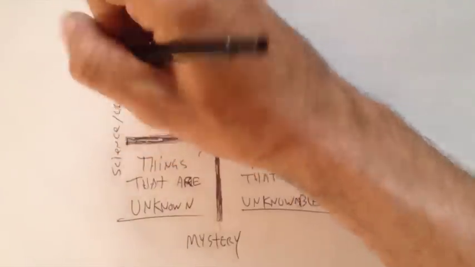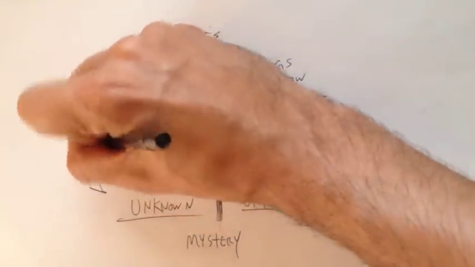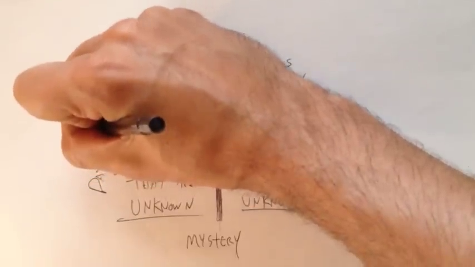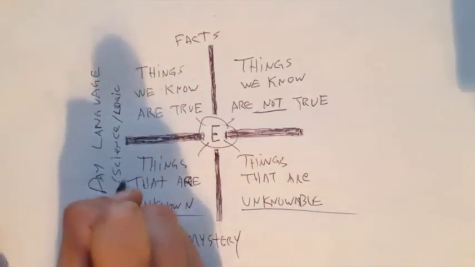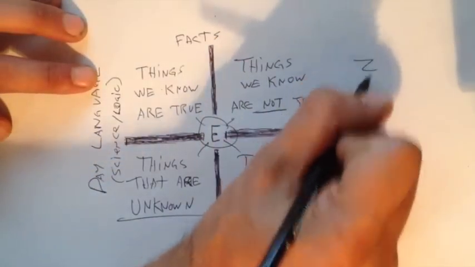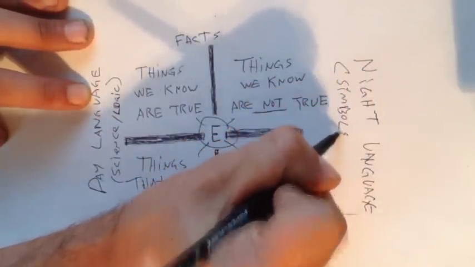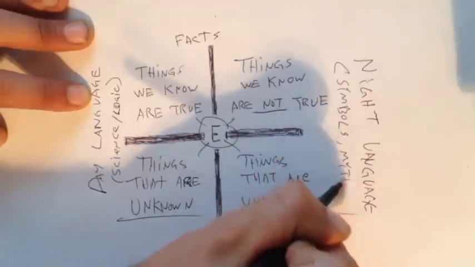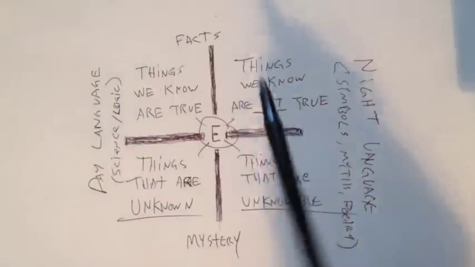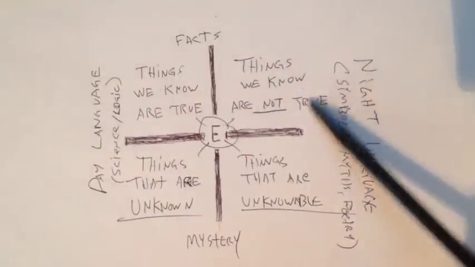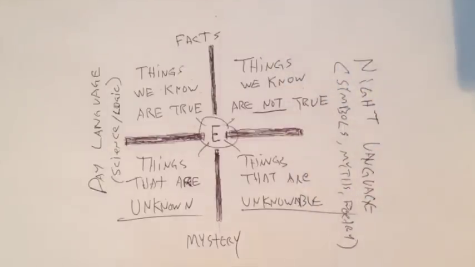And we call that day language, with a little bit of a tip of the hat to Michael Dowd for coming up with that term, in contrast to what we would call night language, which has to do more with symbols and myths and poetry.